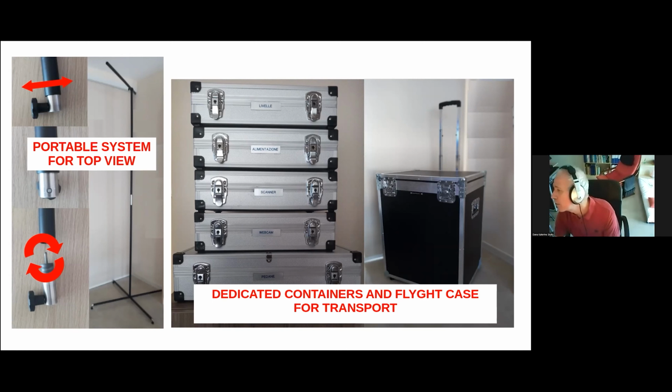Another important detail is on the left of this slide, where you can see the support that we use to put laser level 2 and webcam 2 for the top view. This support is completely unmountable and can be placed inside the flight case you have seen before.